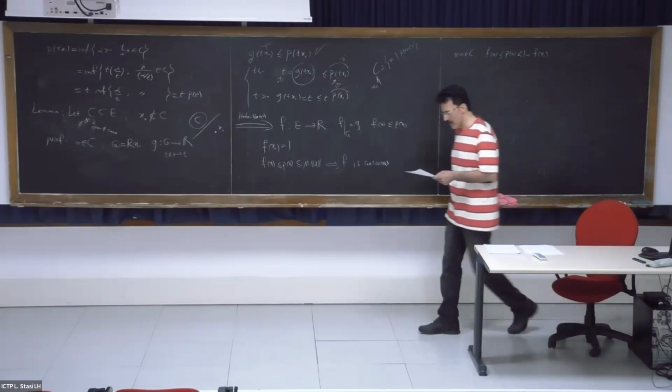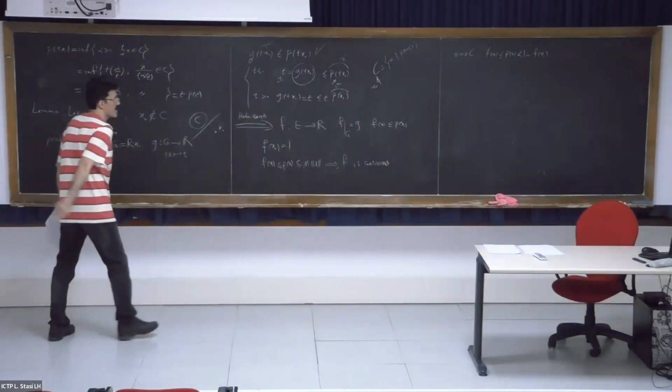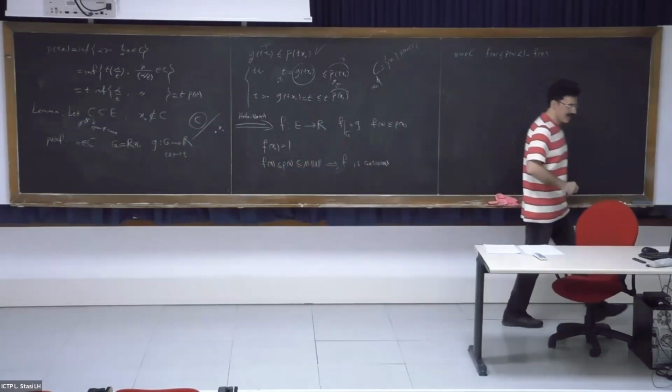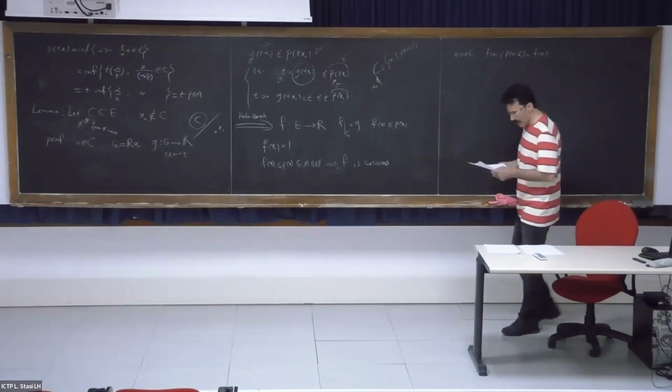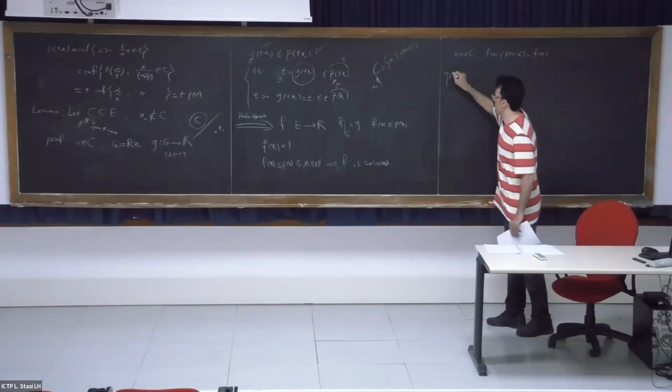And this is the proof of the lemma. We separated C from x0 here. Now the proof of the theorem, the Hahn-Banach theorem.